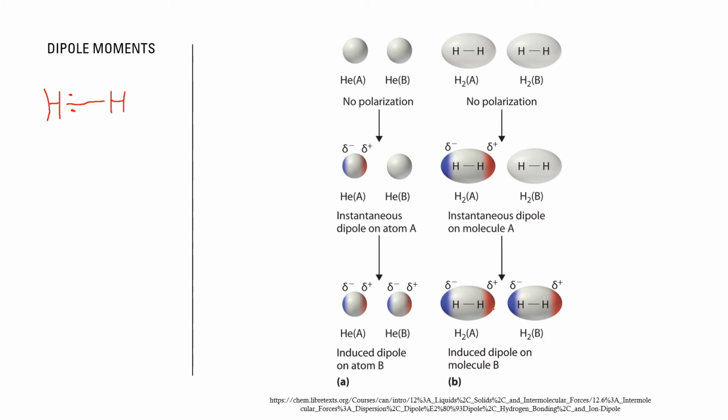But because there was a partial positive charge over here, the molecule that was next to it ended up getting a partial negative charge because the electrons on this bond were attracted towards the partial positive that was very close to it. Now, this can happen as well. There can be both instances where it may just happen to be attracted to a molecule that's near it that's already got a partial charge, or it may induce a partial charge as well.